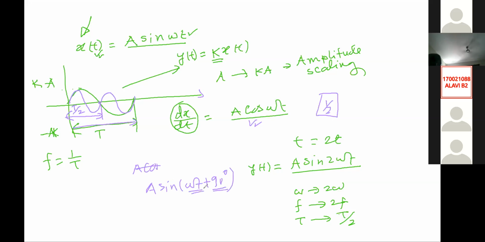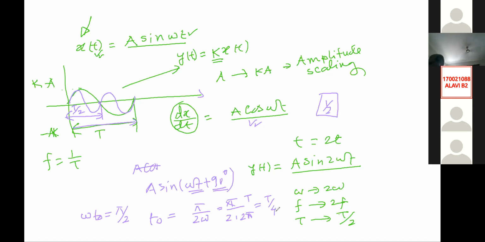Because we know that omega t0 becomes 90 degrees or pi by 2. Then your t0 would be equal to pi divided by 2 omega, which is pi divided by 2 into T divided by 2 pi. So this is simply equal to T divided by 4, isn't it?